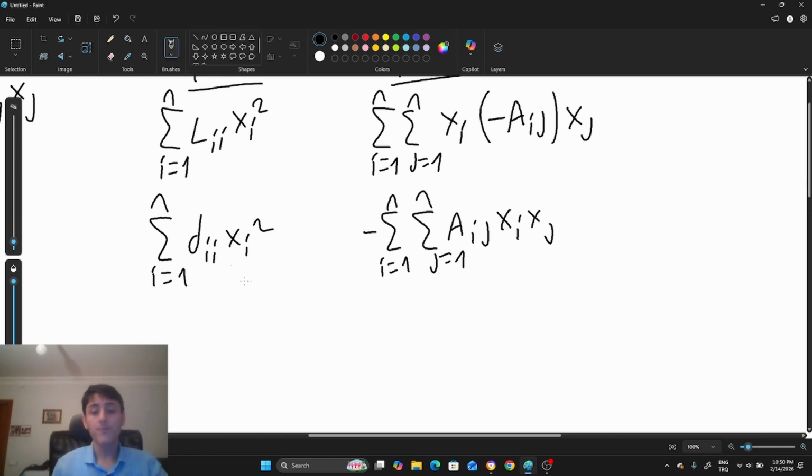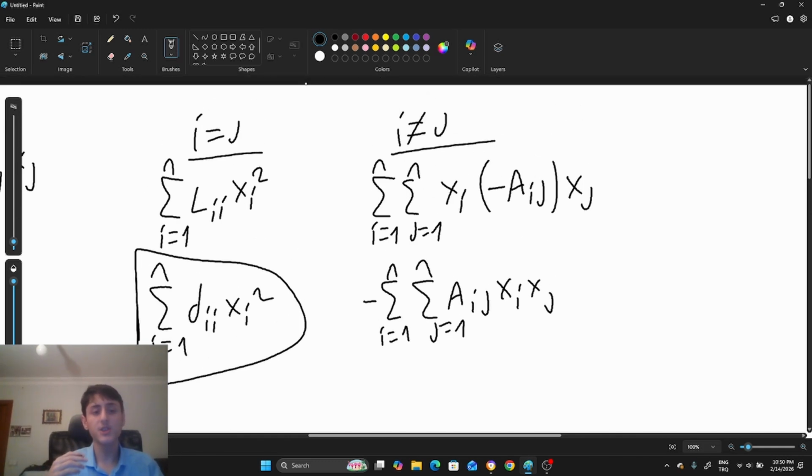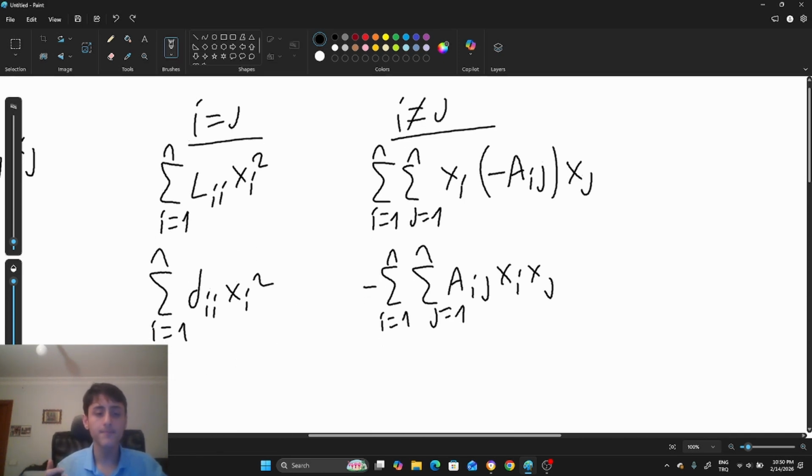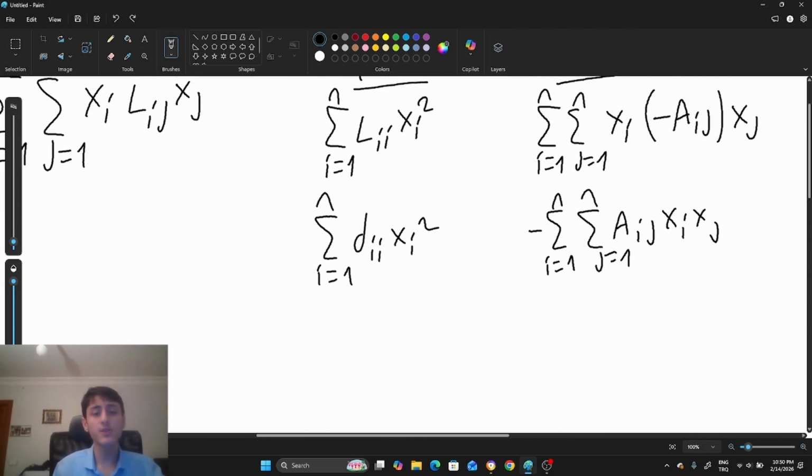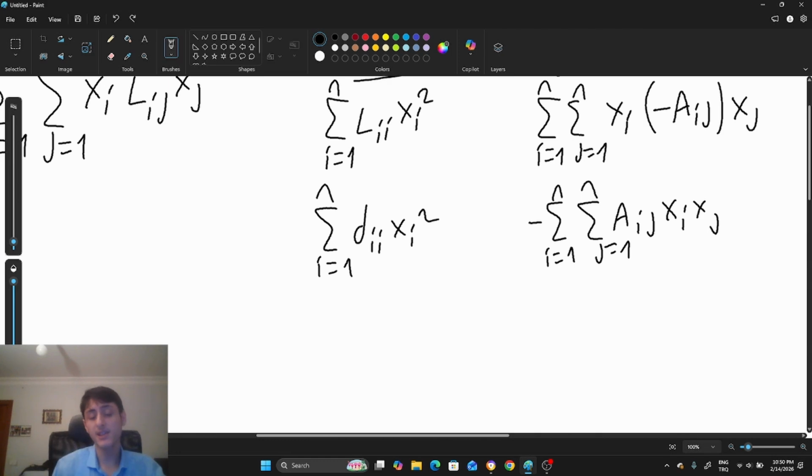Now we are going to simplify the expression where i and j are equal to each other further. And to simplify it, again, we are going to use the adjacency matrix. So I'm just going to write out the expression and then explain it.